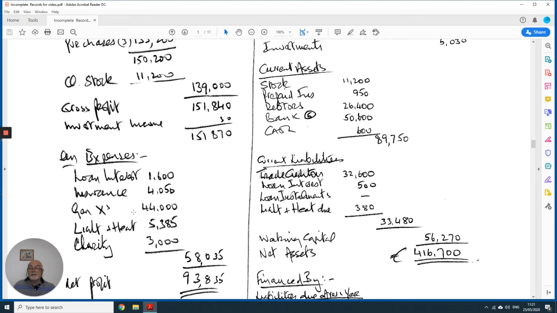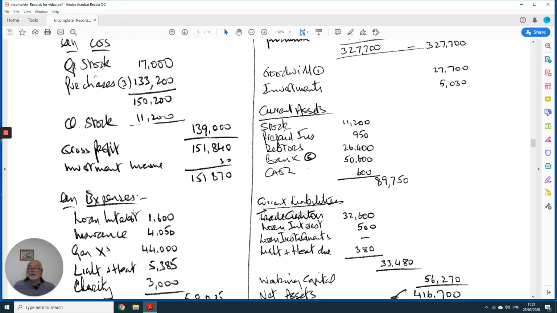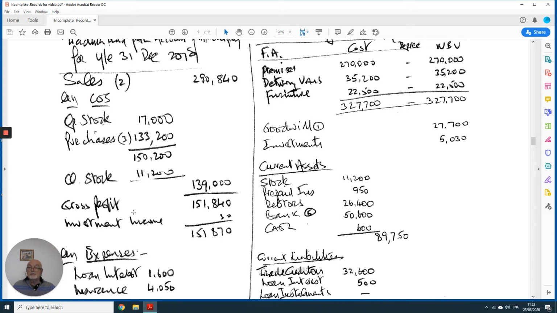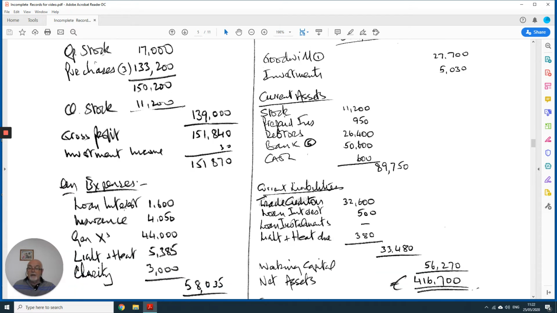Remember now that this is incomplete records for a sole trader. I'm not doing the published accounts of a company, so I'm not that worried about the actual format here or the headings for expenses or the order in which I put in investment income or loan interest. It's not relevant to this question.